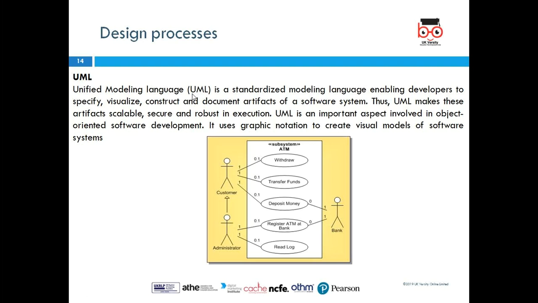It uses graphic notation to create visual models of the system. Now, in two words, if you want to do analysis and design, the UML is an object-oriented analysis and design modeling language.